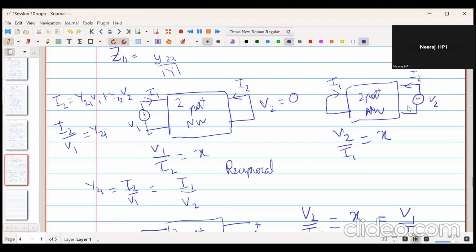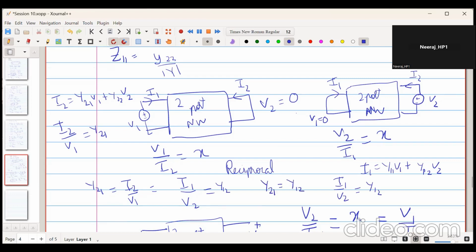Similarly, over here, what do we have? We have V1 is equal to 0. If V1 is equal to 0, what do we get? We know I1 is equal to y11 V1 plus y12 into V2. Since V1 is equal to 0, we get I1 upon V2 to be equal to y12. So the network is supposed to be reciprocal.